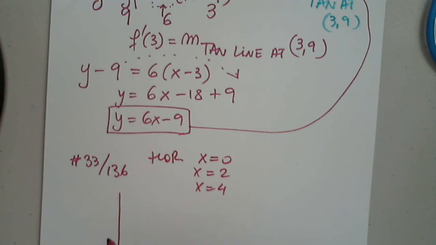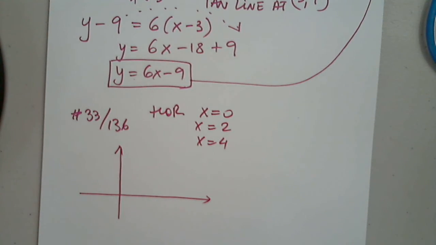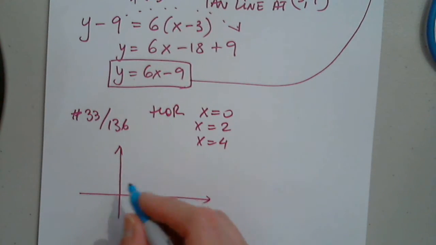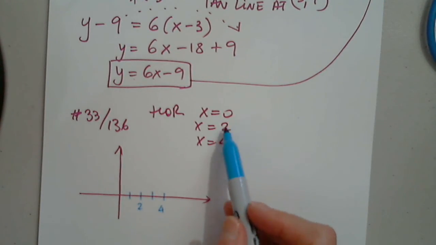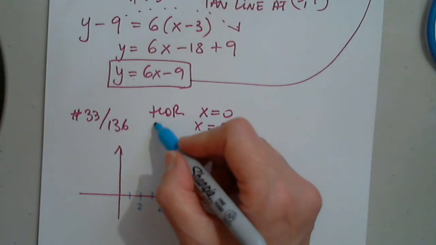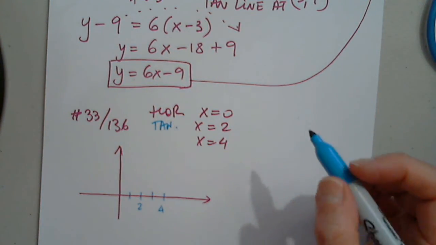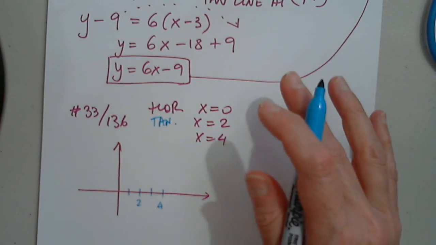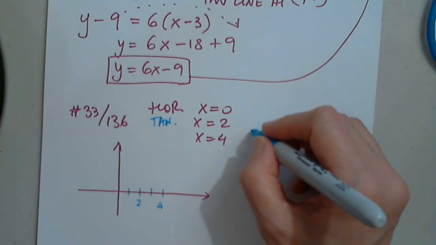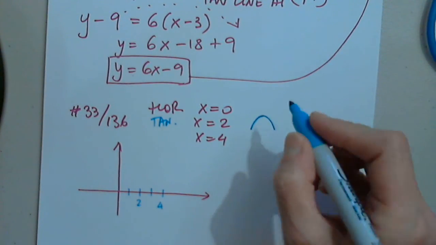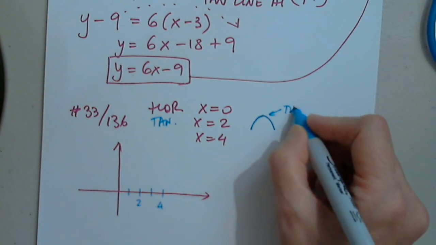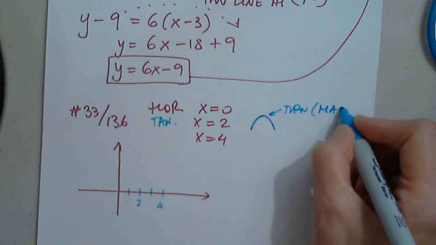So first of all, when I try to graph something like this, first I have to establish those points. So at x equals 0, somewhere on this line, at x equals 2, 1, 2, 3, 4, it says it has horizontal tangents. So here's a situation. This is very important for what we are going to cover in this class. See, there is a turn here, in this case a max.